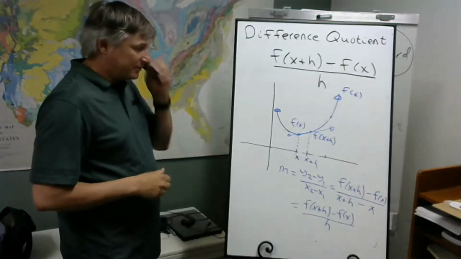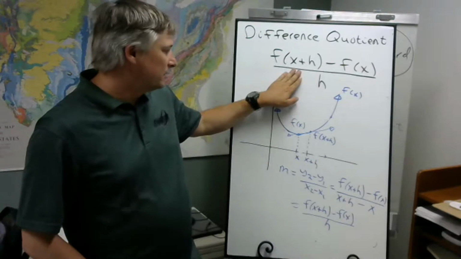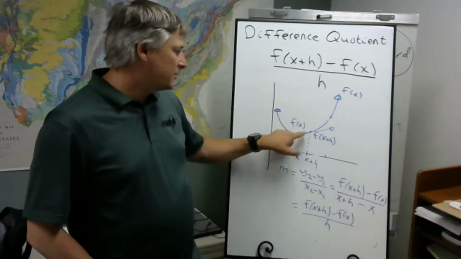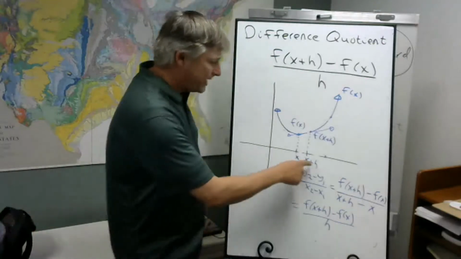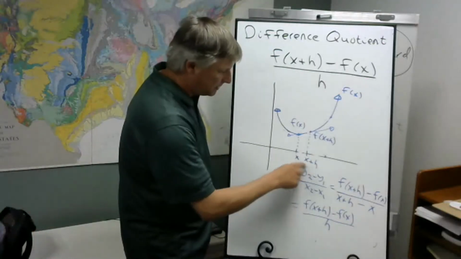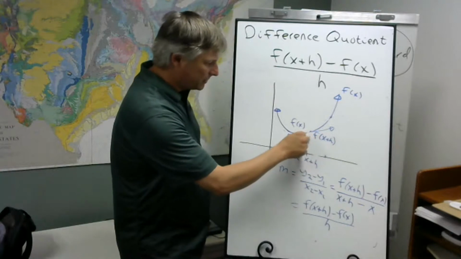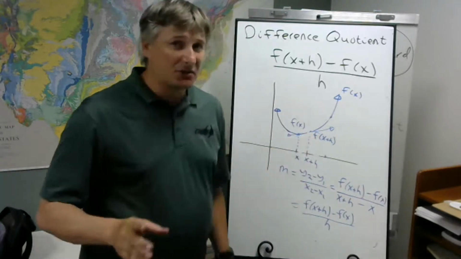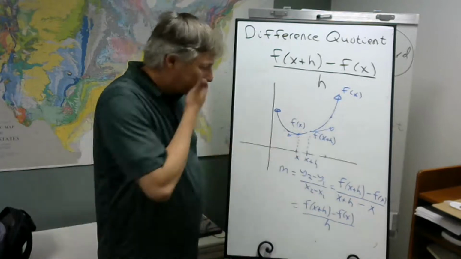So what happens here? This difference quotient is really the slope of a line cutting through these 2 points. In calculus, we're going to have this h go to 0, and this point's going to get closer to this one, creating a tangent line. In other words, a line that contacts this curve only at one point.